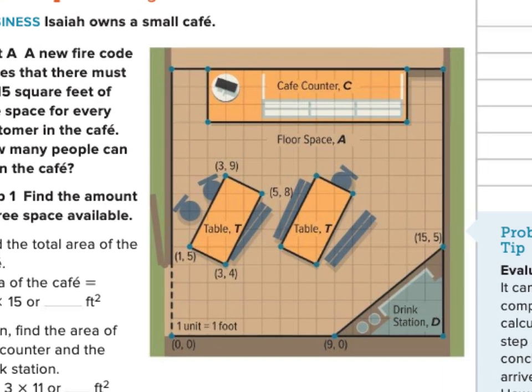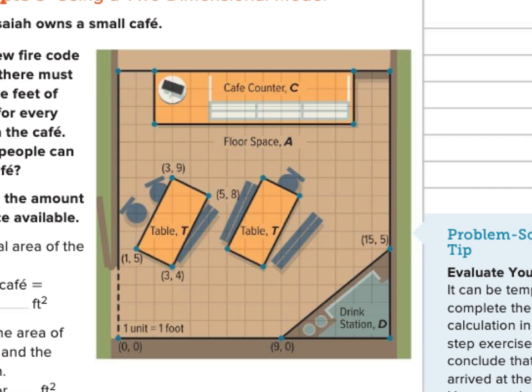What I would do is, you know that the total area of the room is basically the length times the width, okay? But you have objects in the way. So what you could do is find the overall area of the room.